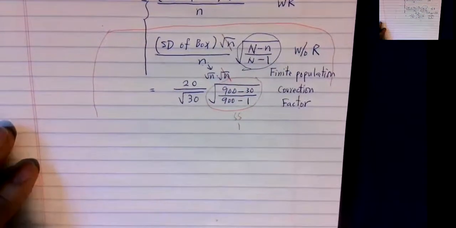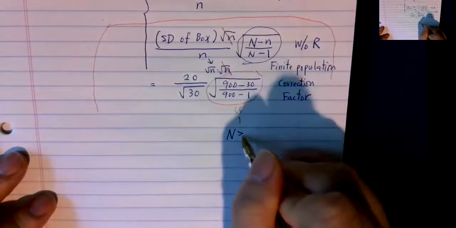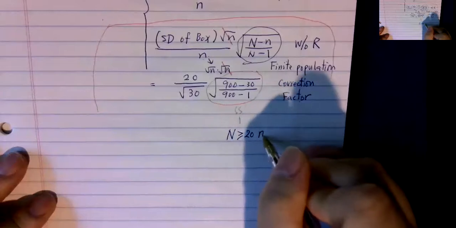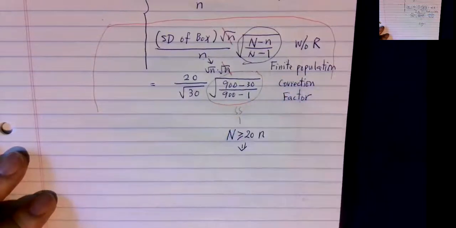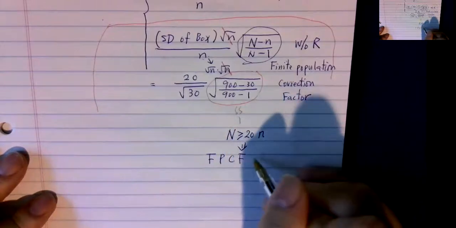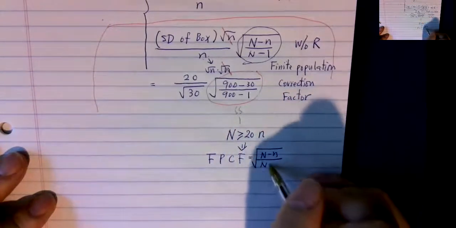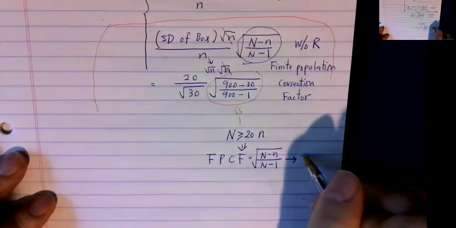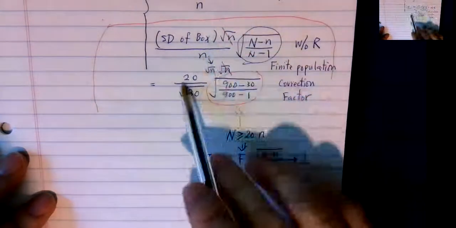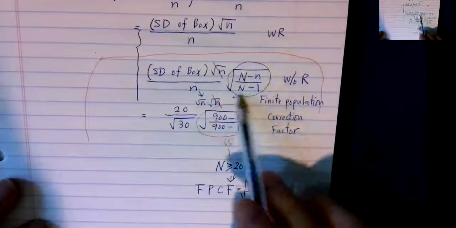As I mentioned in the previous notes, when the population size is 20 times bigger than the sample size, this term will be close to 1, so you can forget about it. These two formulas will be the same because this one is very close to 1.